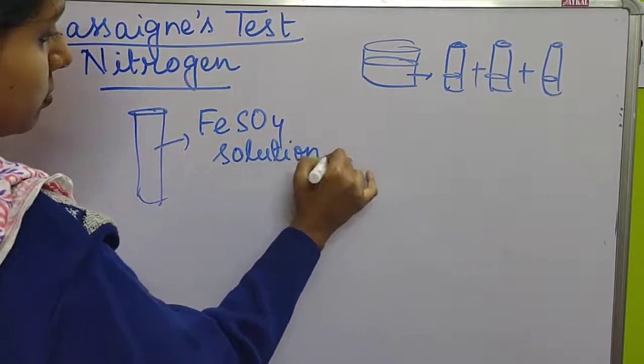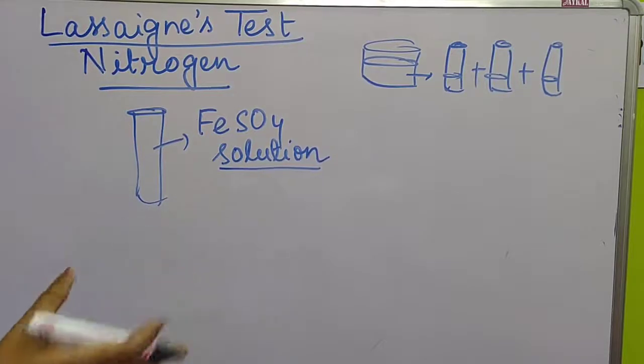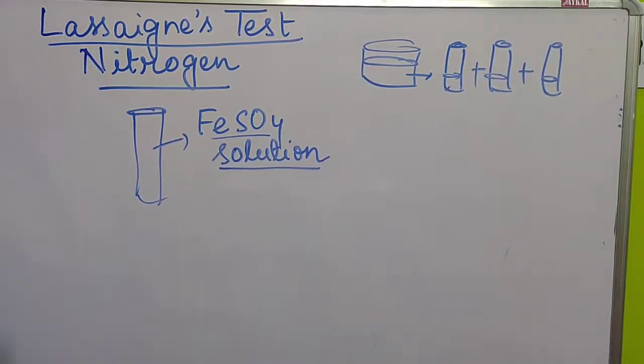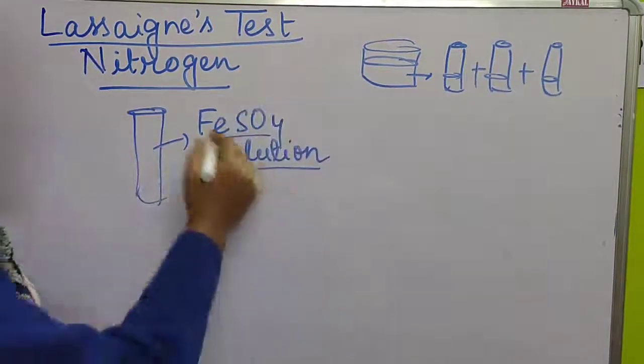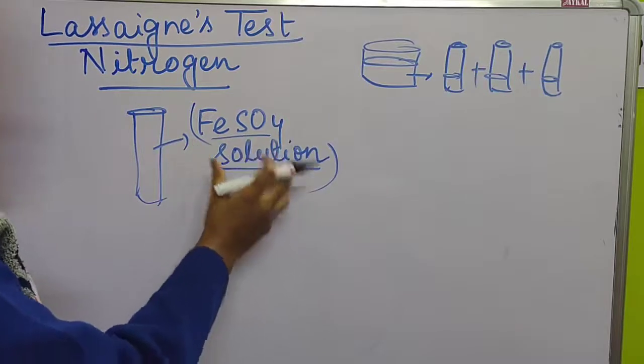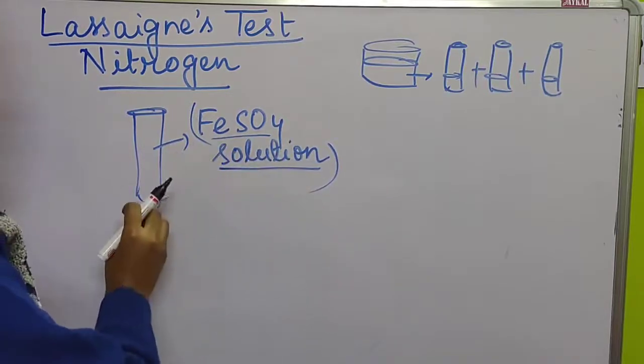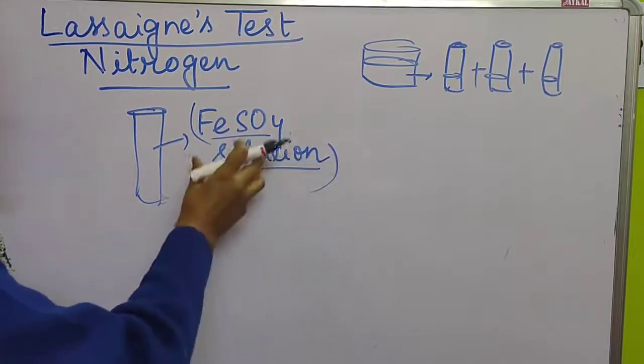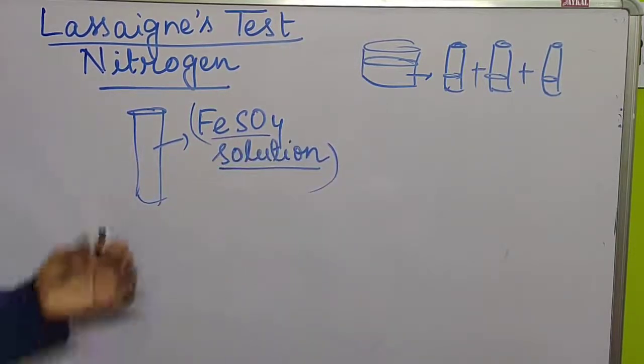These are all laboratory reactions. So first we have to take solid ferrous sulfate and then we have to add water in it. So this solution we have to prepare at that time. Okay, before doing the reaction, this solution has to be prepared freshly.